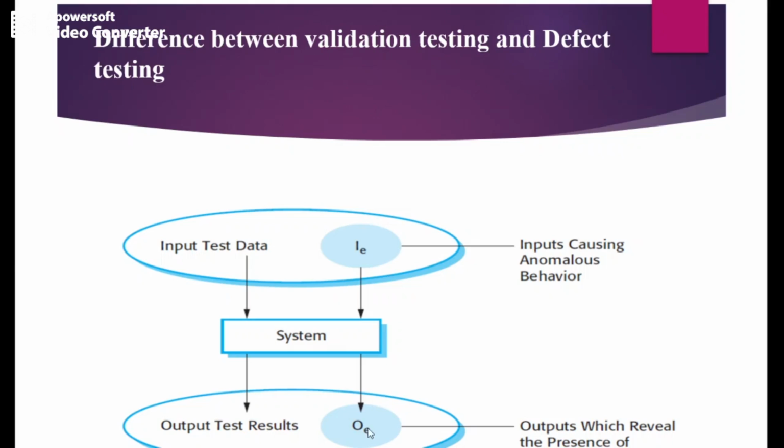So Oe means outputs which reveal the presence of defects. So they mainly show the presence of the defects. So you have to give invalid input. That's why we tell you, don't give the same input always. You have to go on changing the input values. Try to give some inputs which cause errors.